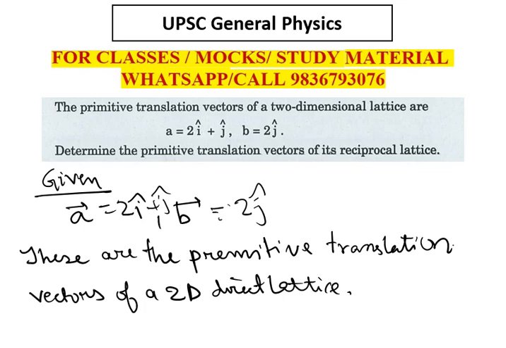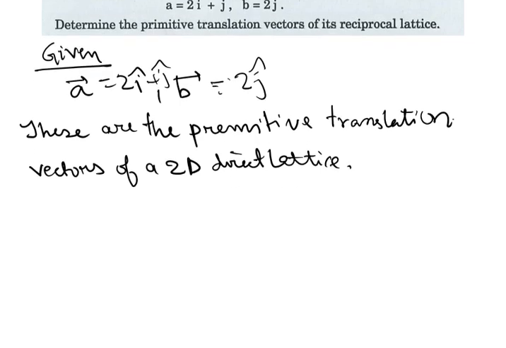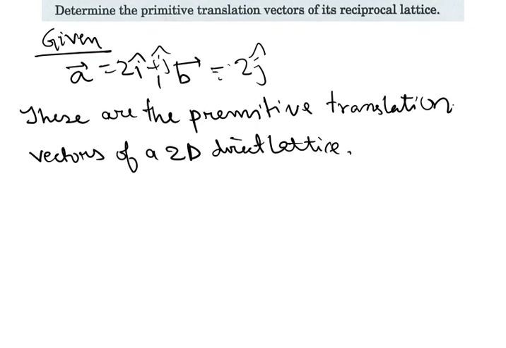So we need to find the vectors a star and b star, the primitive translation vectors of the reciprocal lattice.